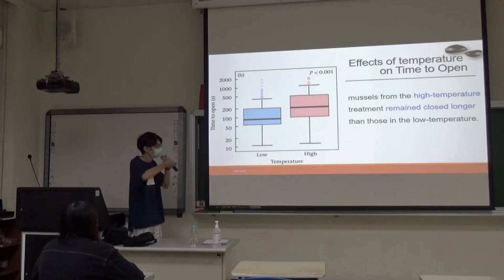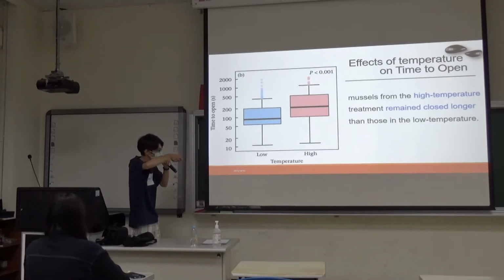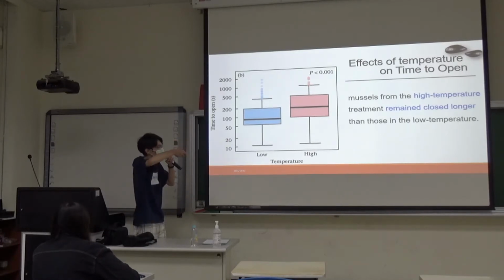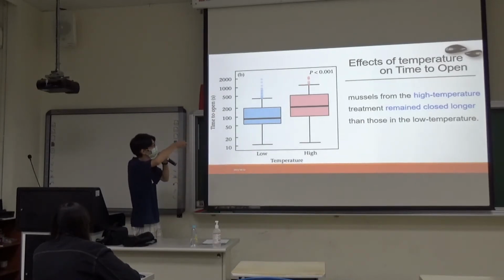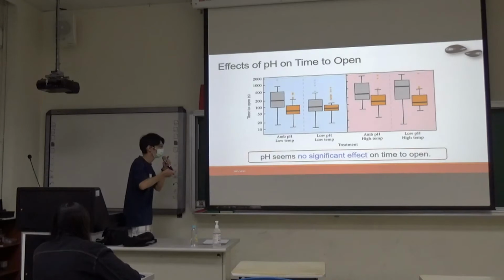And about temperature, the y-axis is the same, and the x-axis is the temperature. The blue one is low temperature, and the pink one is high temperature. You can also see that the higher temperature remained closed longer than the low temperature.